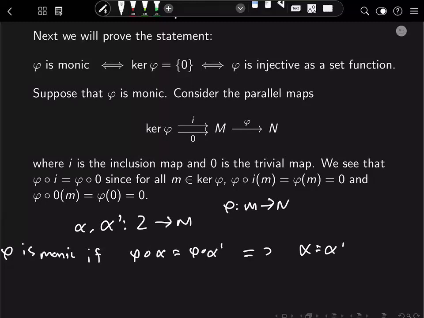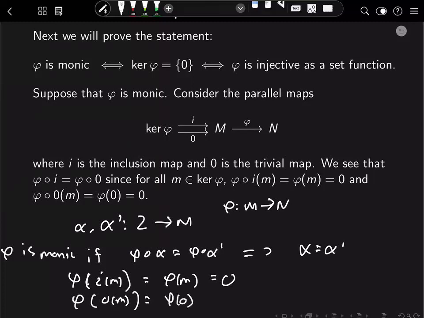And we see that this actually does hold, because phi composed with the inclusion, phi composed with I of M, well, that's going to be phi of M. And we know that M is in the kernel of phi, so that's going to be equal to 0. And phi composed with 0 of M, that's just the trivial morphism, so that's phi of 0, which is equal to 0.